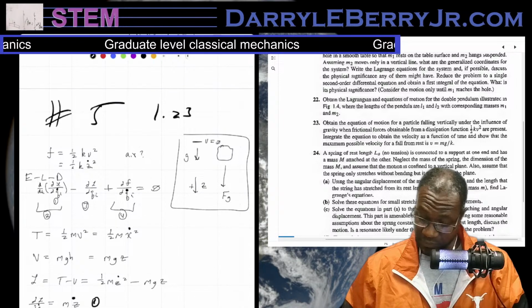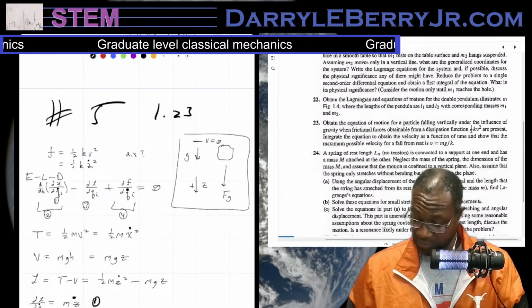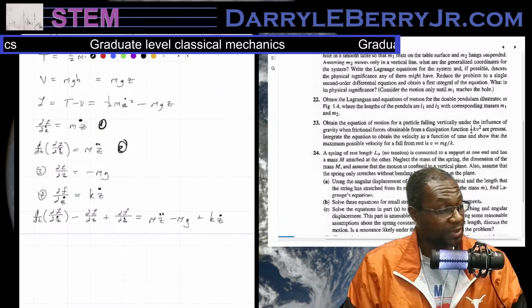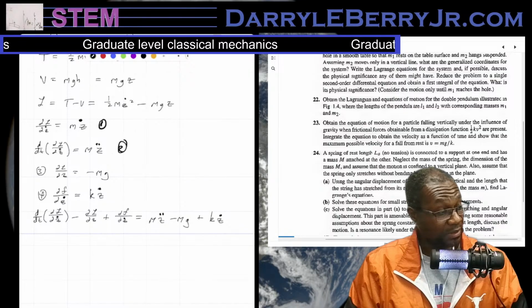And is that a negative in the front? No, it's not a negative. Let's see if this is right. m z double dot minus mg plus k z dot. Okay.